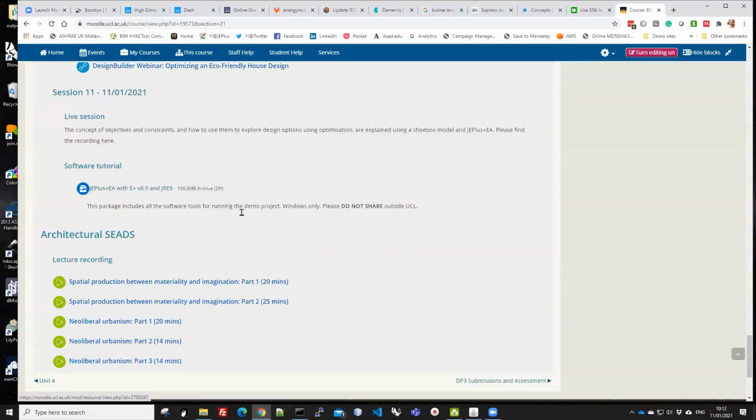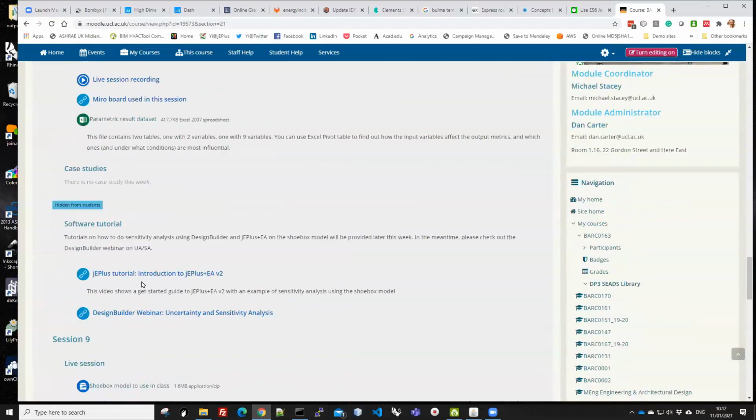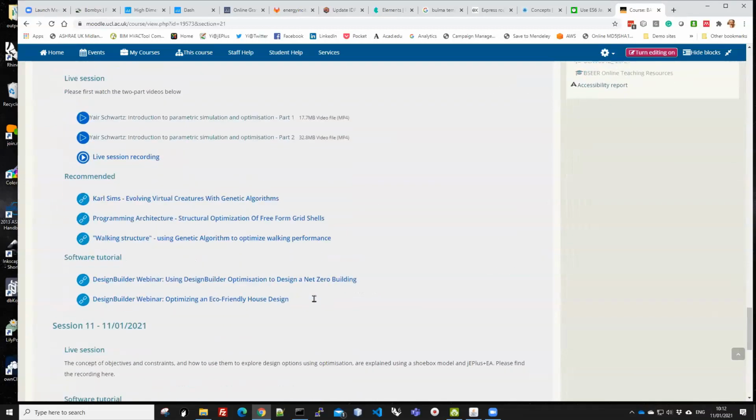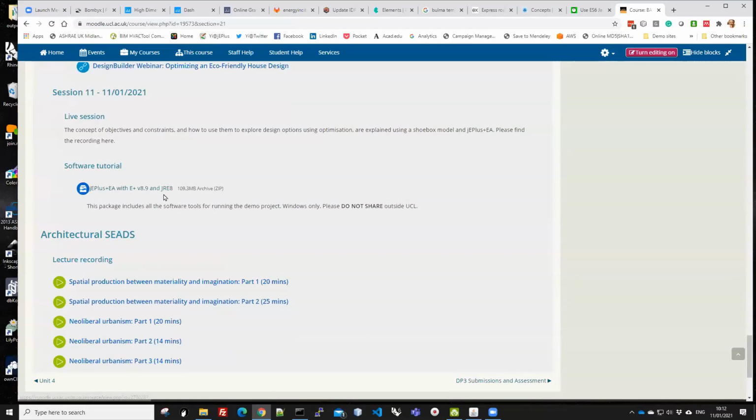And there's a video tutorial on how to get started with it. But in that tutorial, you have to download different parts of the software separately and install them. In this package, you just download the package and unzip it, and all the tools are there. But you still need to register an account.